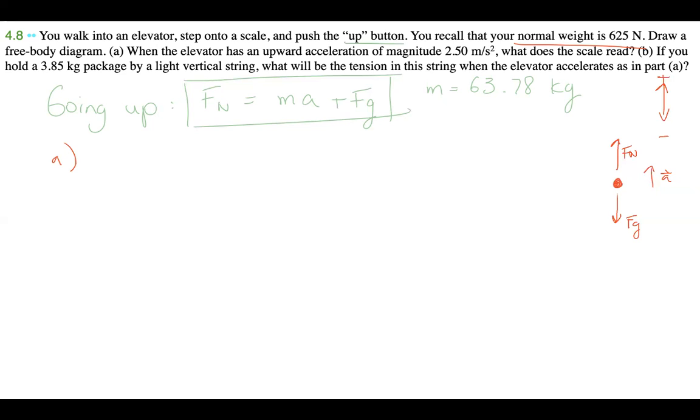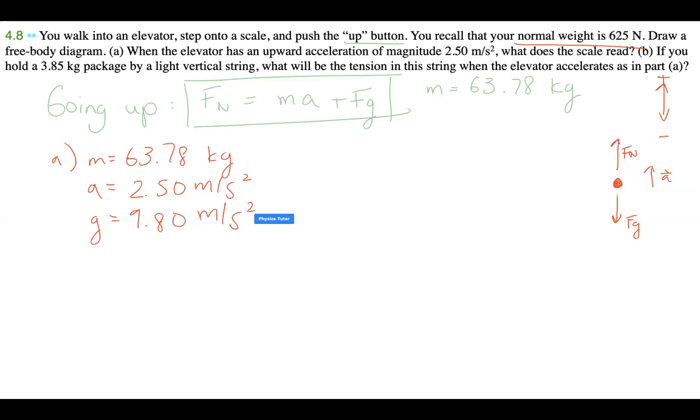Okay, so when the elevator has an upward acceleration of 2.50 meters per second squared, I'm going to write that down in my givens. So mass is equal to 63.78 kilograms. Our acceleration is going to be 2.50 meters per second squared, and our acceleration due to gravity is 9.80 meters per second squared.